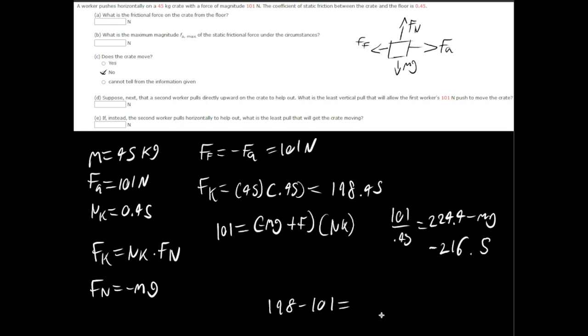So that is just going to be, let's see, yes, this is going to be the 97.5. These are not the exact. If you use the exact numbers, of course, you would get the 0.5. This is kind of like the estimate, not 198, 101. So there it is. Those are the answers for this whole problem.